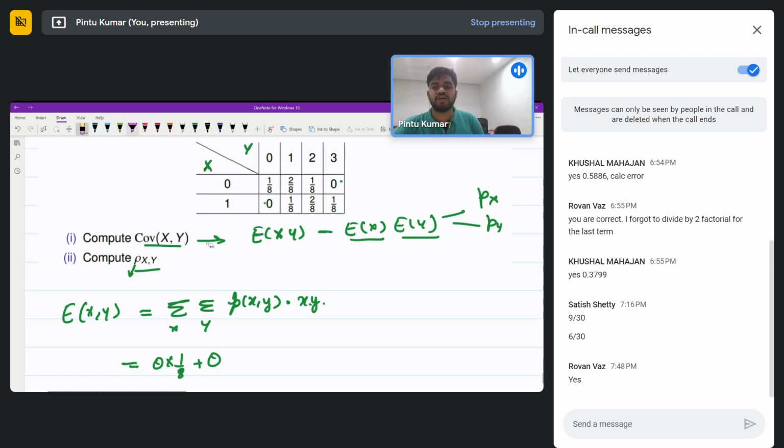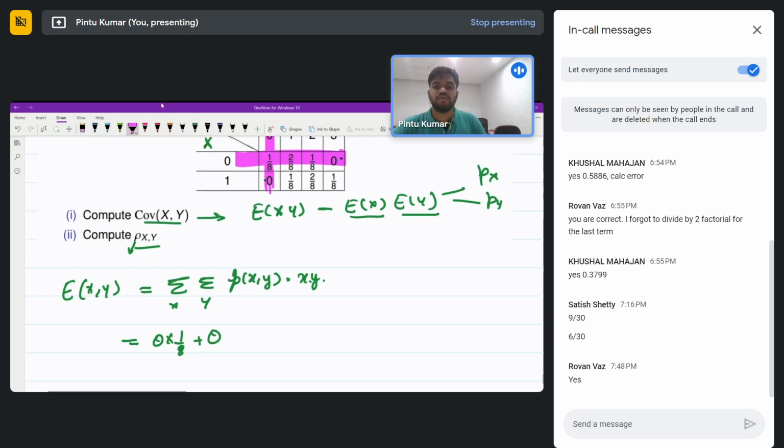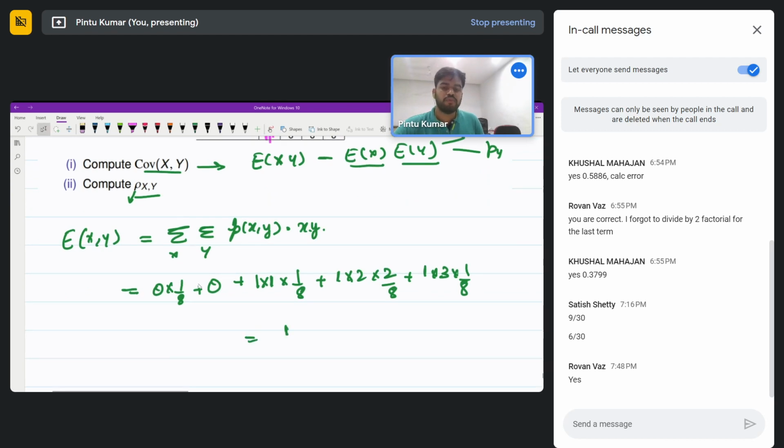Now this would be plus 1 into 1 into 1 by 8, plus 1 into 2 into 2 by 8, plus 1 into 3 into 1 by 8. So this is nothing but 1 by 8 plus 4 by 8 plus 3 by 8. This turns out to be 1.